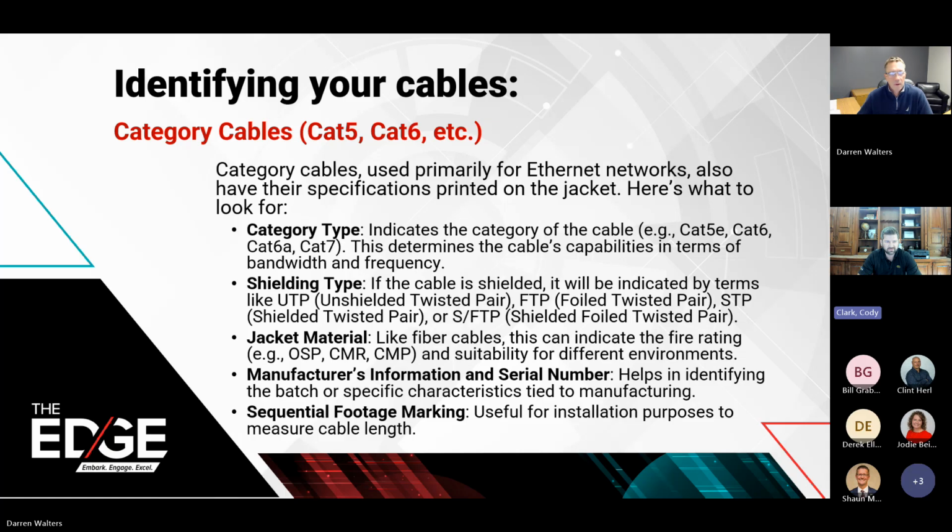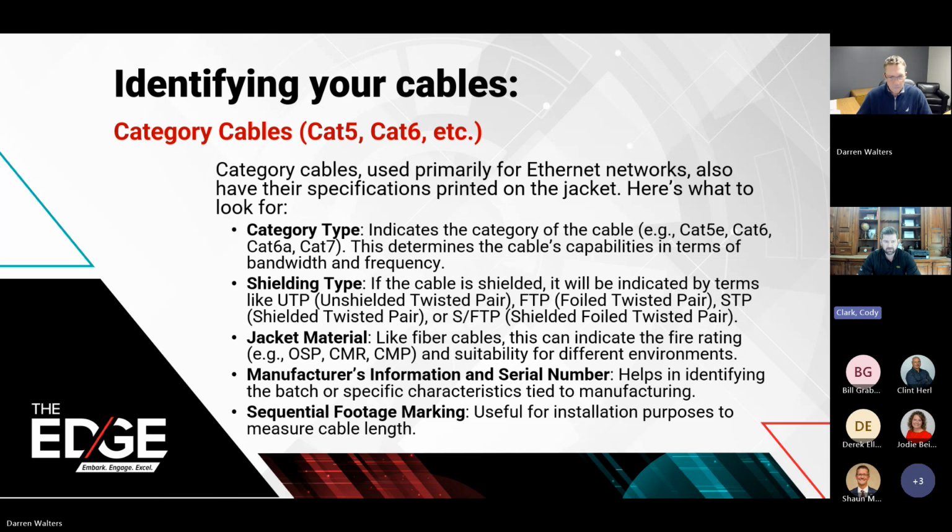Again, OSP and things like that for jacket material are very important when it comes to what environment you're in, both from a legal and code standpoint, but also making sure that cable is going to last longer than a year or so, being exposed to what it shouldn't be exposed to. It's going to have the manufacturer's information on there, usually the name, product, and serial number.